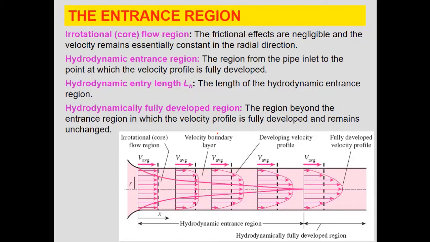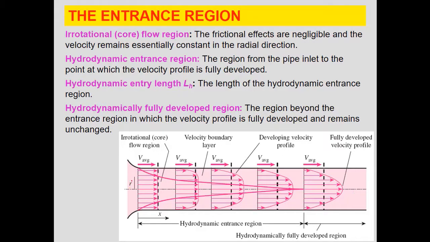Okay, now we have some basic information and characteristics which we can use to consider and evaluate the internal flow. Imagine this is a pipe and the flow is coming to or going through this pipe.